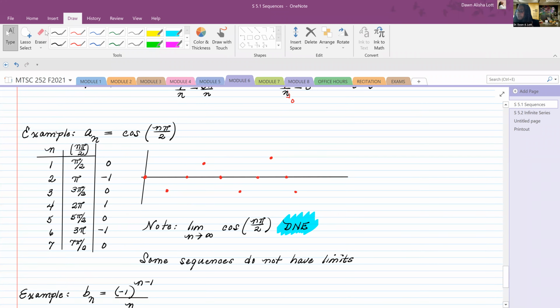I made a mistake and nobody caught it. Here's my mistake. All right. This starts at n equals 1. Here's n equals 1. So this is 1, 2, 3, 4, 5, 6, 7, 8, 9. Okay, so at each value is where I'm plotting it.